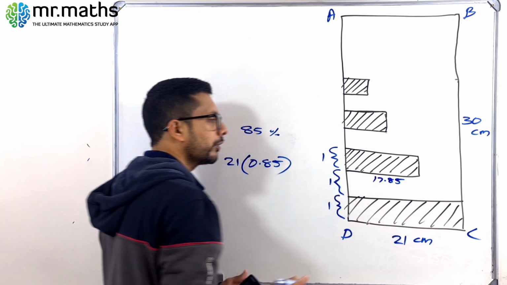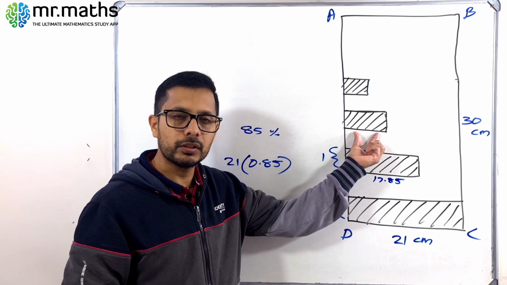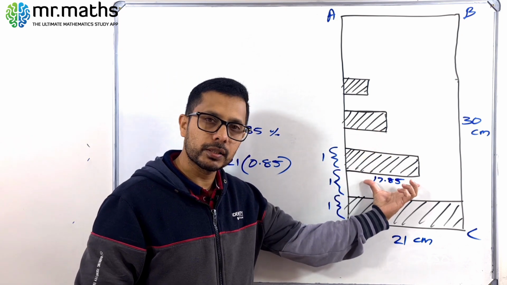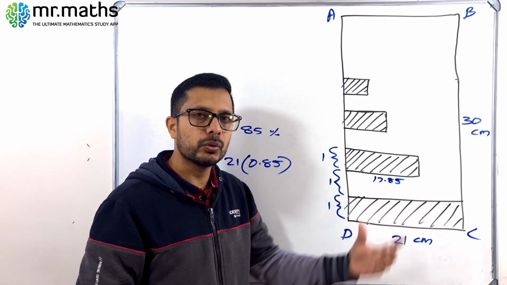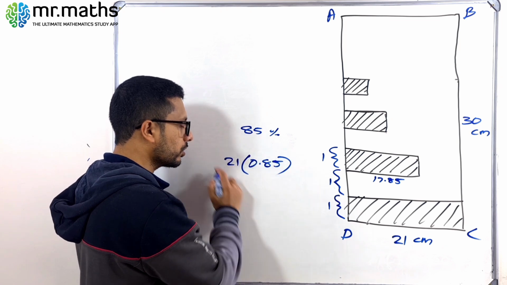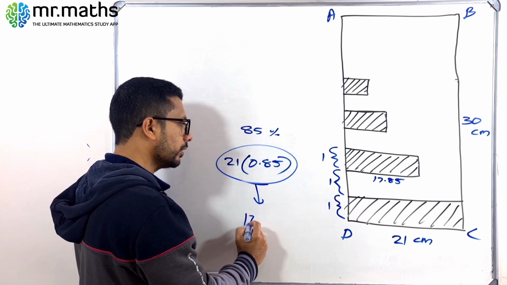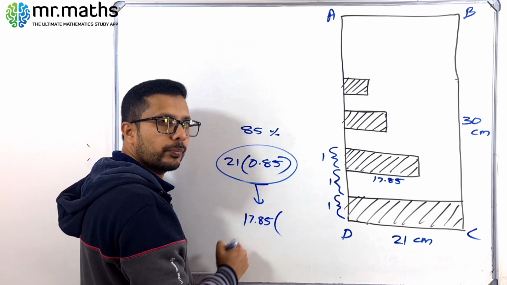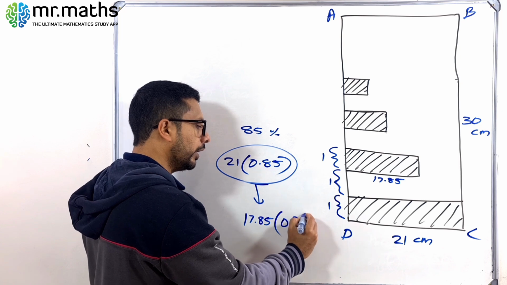Actually we don't want that one. Now how can you find the length of this one? It is the 85% of this 17.85. You understand? Okay, so how can I find that one? This is the answer of this one, 17.85, and the 85% of this one, so that means times 0.85.